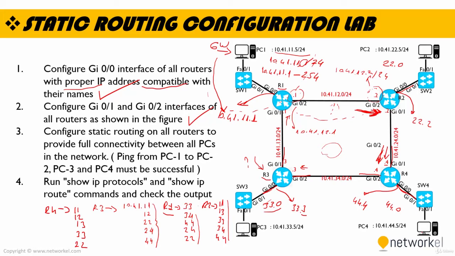Please pay attention that I could do this one too. I could go to router 1 and say, hey man, if somebody wants to go to 33.0, send the packet directly here.